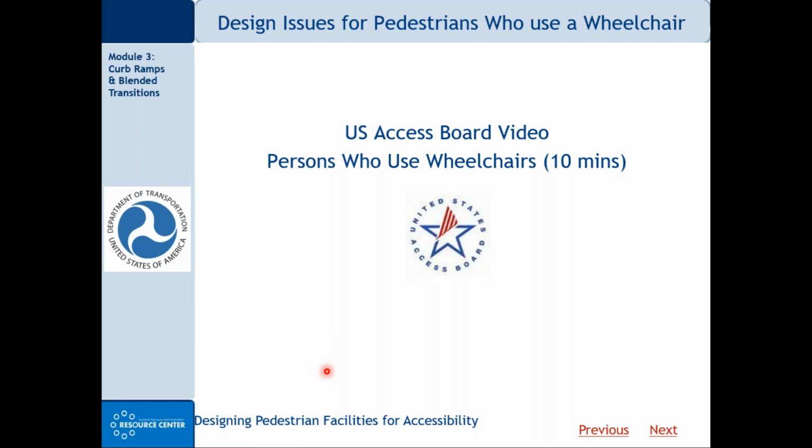Hopefully that was helpful. I think it did a good job of showing the issues faced by both types of chairs, but especially the manual chair, if you notice that some of those grade breaks, or when she was trying to use the crosswalk to cross the street, it was much steeper than a 5% gradient.